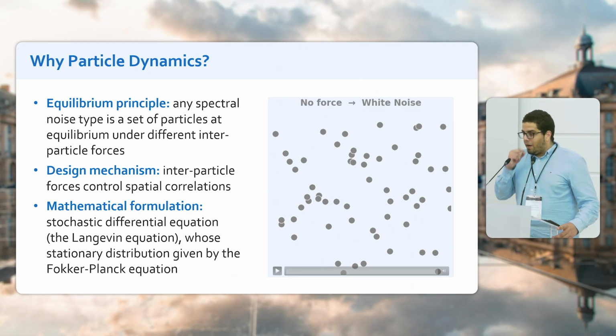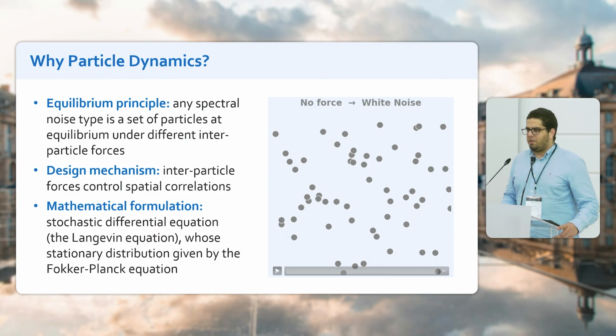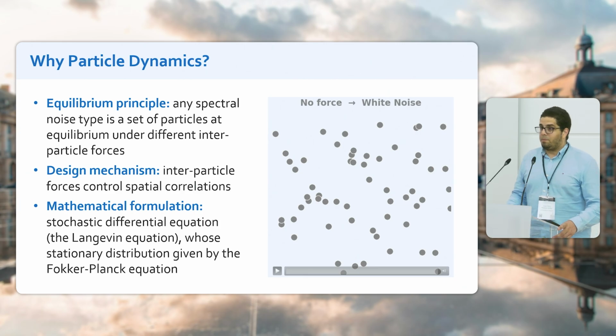So maybe you are now wondering, why particle dynamics? Does it make sense to do particle dynamics for some static content? And the idea is that we can represent any spectral noise type using particle dynamics. So the particles move, and in the equilibrium, you will get the specific characteristics of the spectrum depending on the different forces.